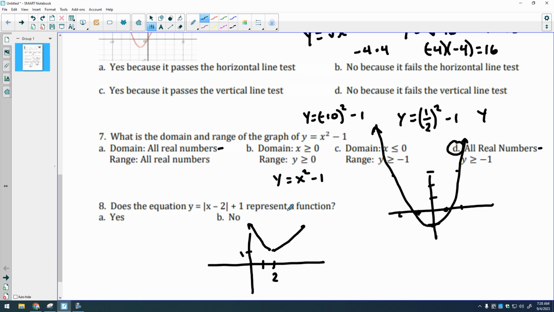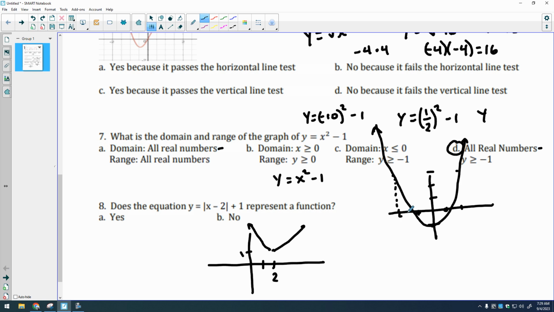Does this equation represent a function? A function says, for every x, there's just one y value associated with it. So remember over here I talked about every x value here, when I go to the graph, there is a y value that goes with it. When x is negative 2, if I cruise up here and look at the point that was plotted, there's just one y value that goes with it.